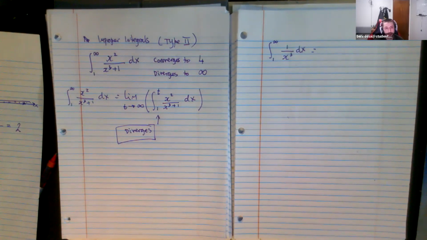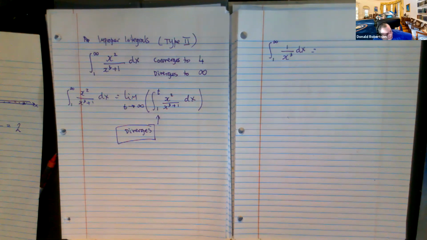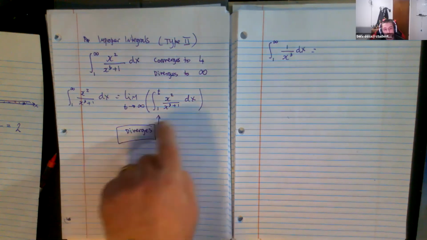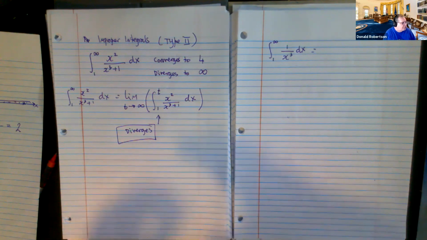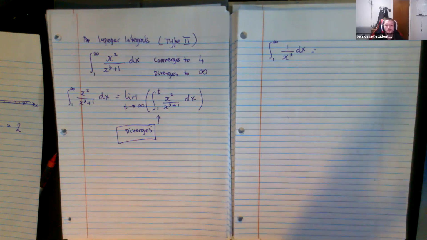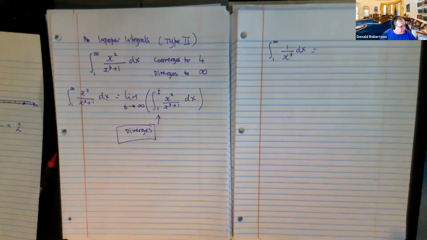We're not trying to exactly figure out the value. Oh, we are. When it does converge, we're going to figure out the value as well. Okay. When it diverges, we just say diverges. But when it converges, it won't just be converges, it'll be converges to 2, converges to 40, converges to a half.